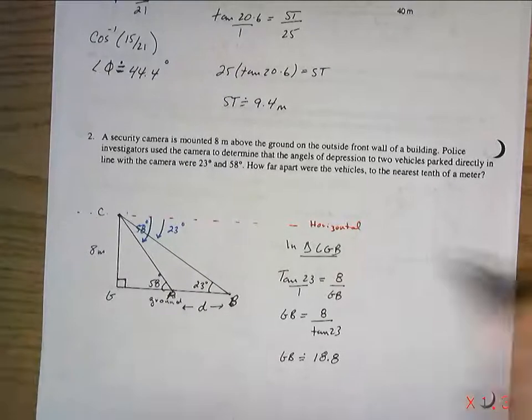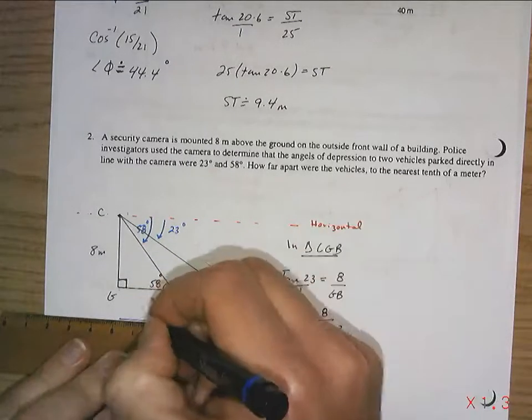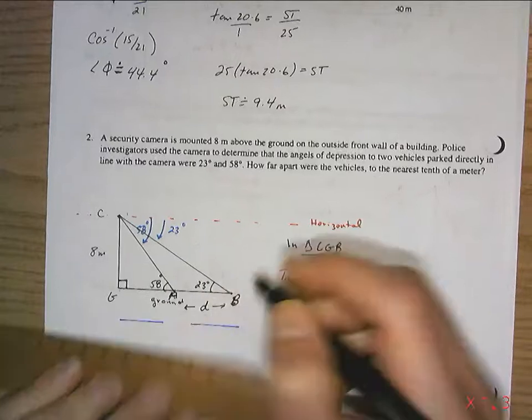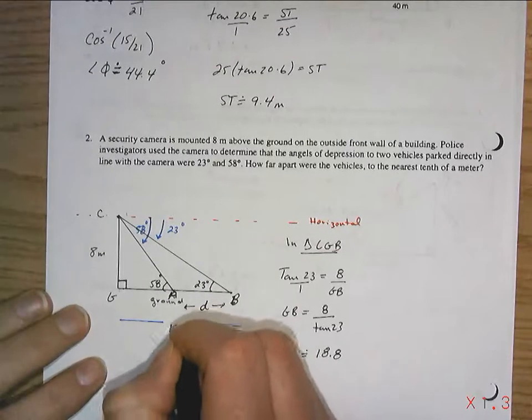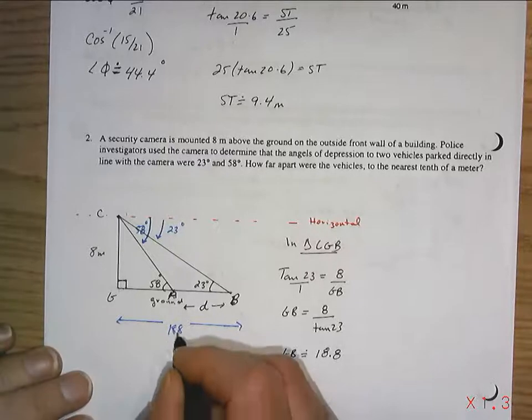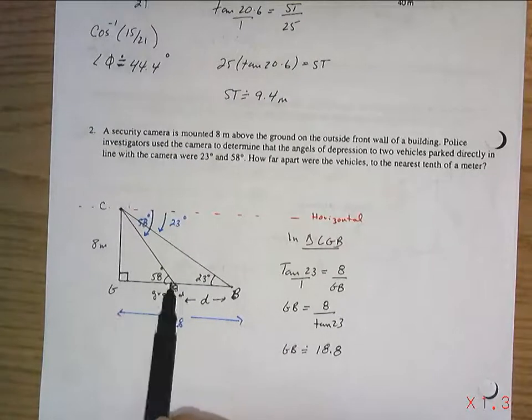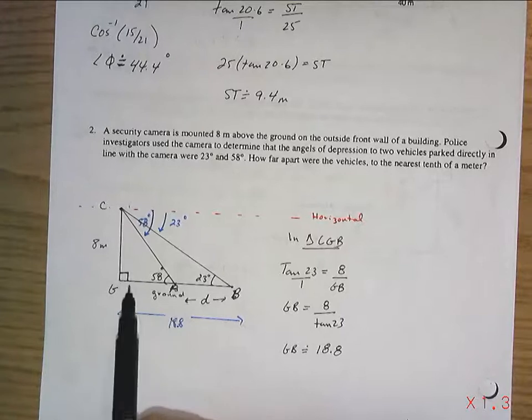That's this entire length here. So from here to here is 18.8. So what would really be great is if I could figure out this one. If I could figure out this one, then I could subtract that from the 18.8, and that will leave me with the D.